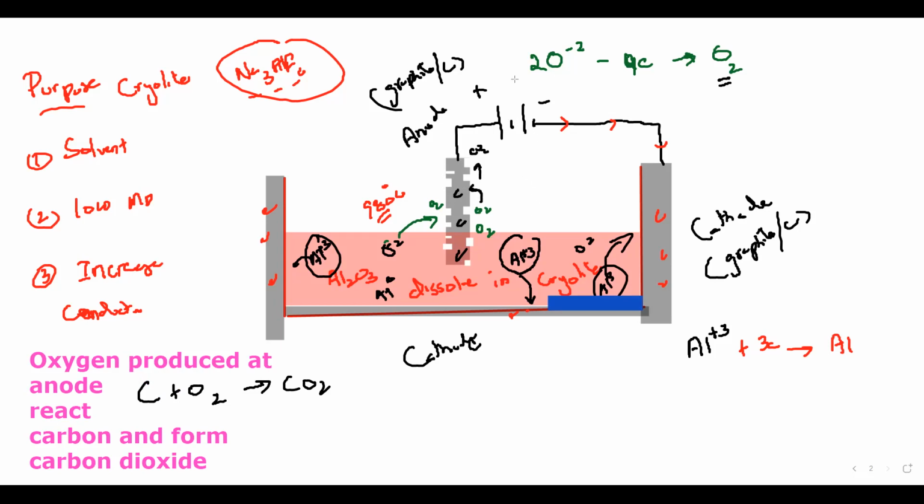So we have to continuously replace the anode for this electrolysis of aluminium. So this is how we carry out the electrolysis of aluminium using the graphite or carbon electrode, using cryolite as a solvent which lowers the melting point and increases the conduction as well.